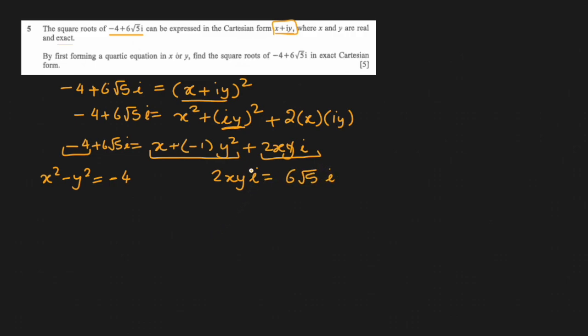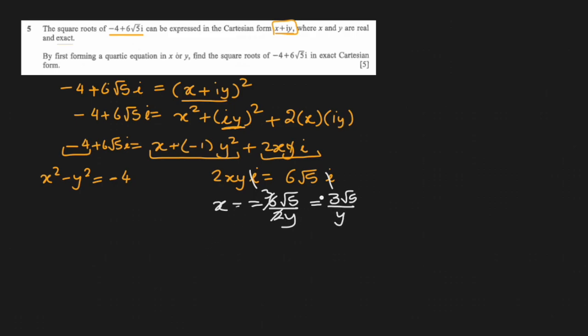So we can ignore i in this, and we can get a relationship from here. I will isolate x, which will be equal to 6 square root 5 over 2y. I'll cancel 2 and 6, so it becomes 3 square root 5 over y.